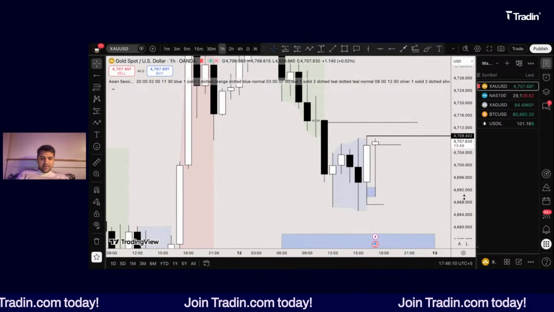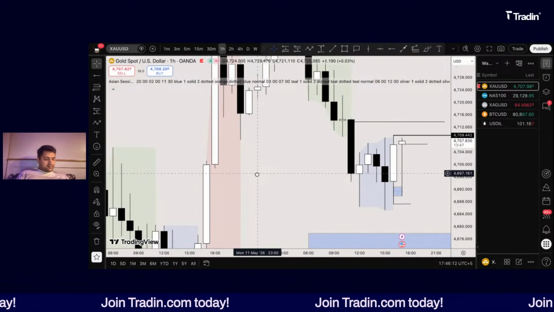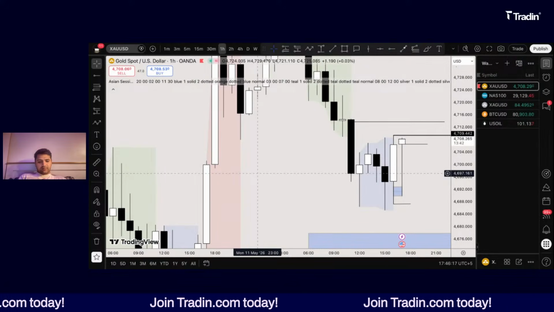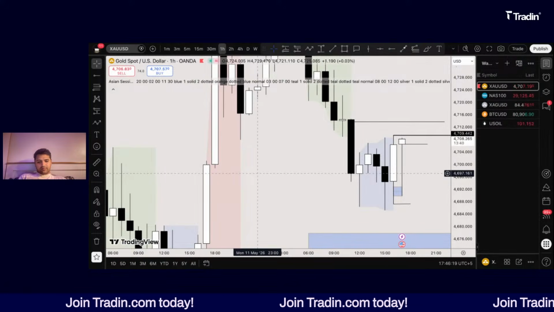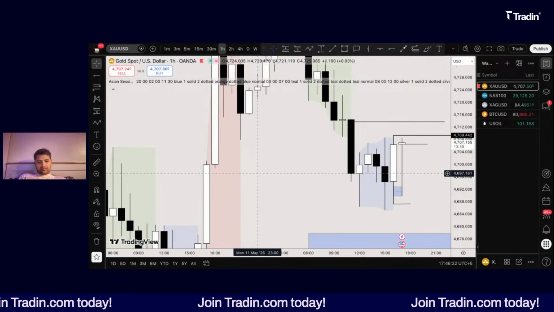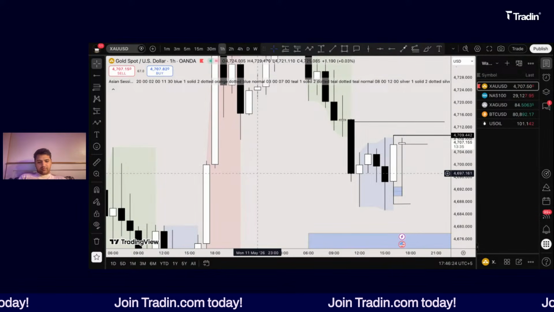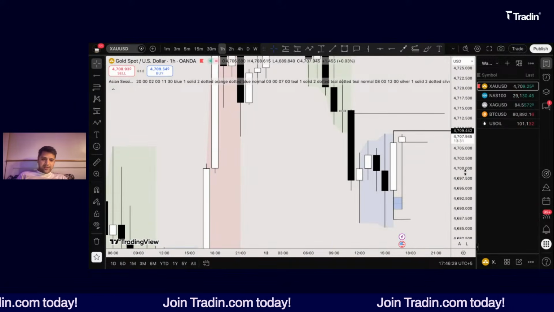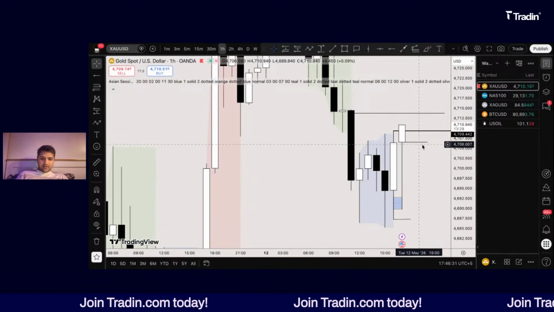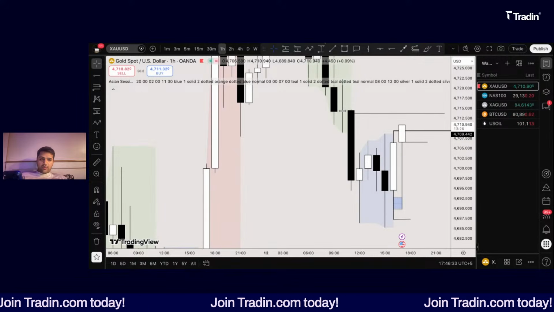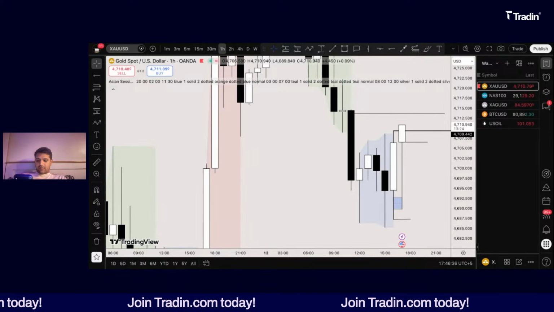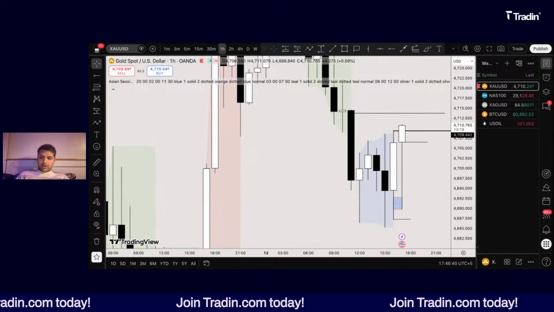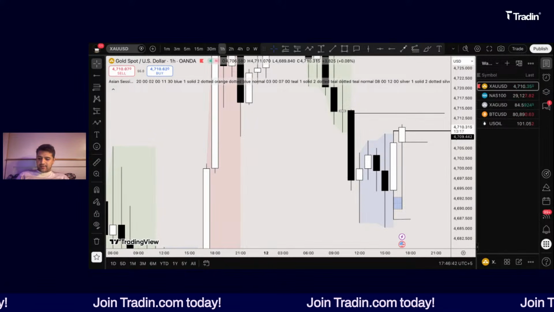Look at the 30-minute candle. Okay, so now it's breaking above the previous 30-minute highs, boys. There you go. Okay, nice, nice, nice.